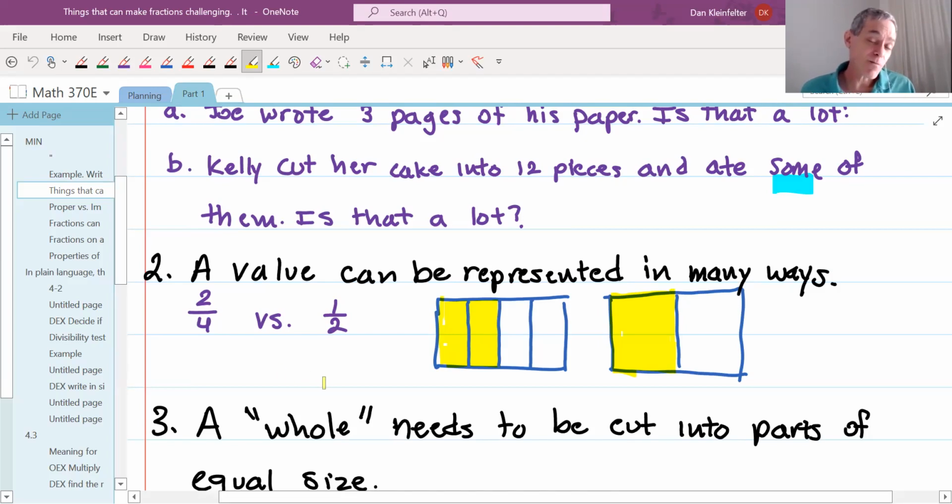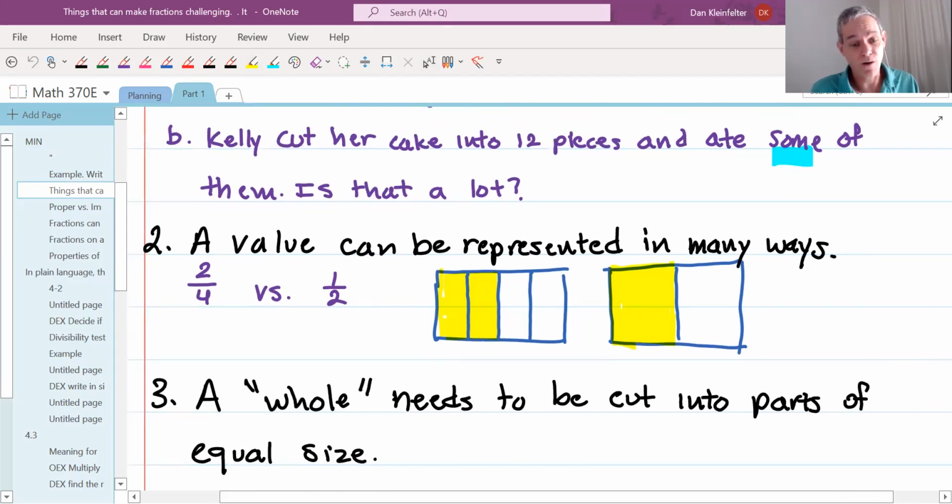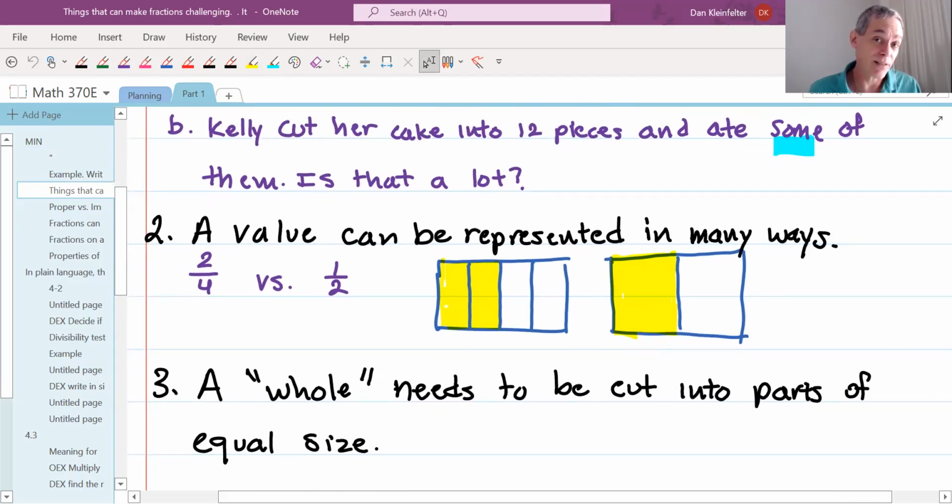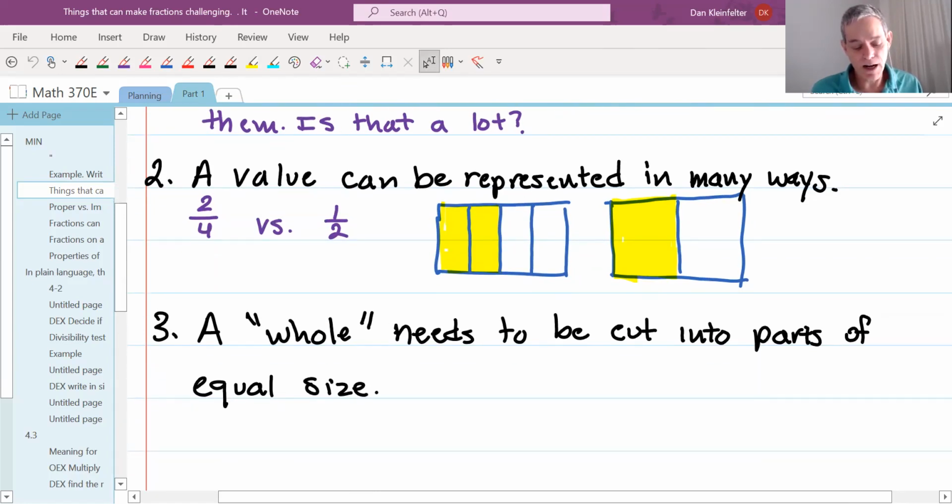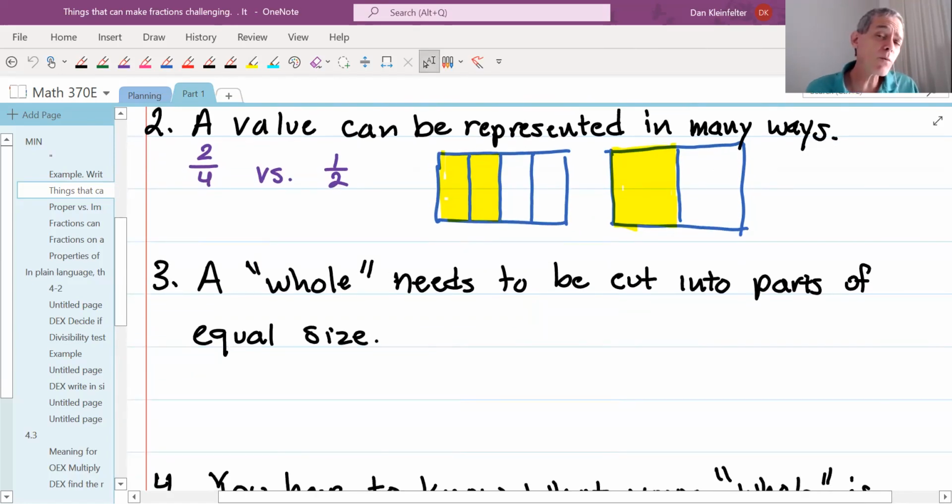The point is, you can represent a value in many different ways, and as it'll turn out, as you'll see, some of the common mistakes people make are in changing from one version or format of the number to another format. Okay, so we want to keep that in mind. You can represent a number in a lot of different ways. When you're working with fractions, the whole needs to be cut into parts of equal size.